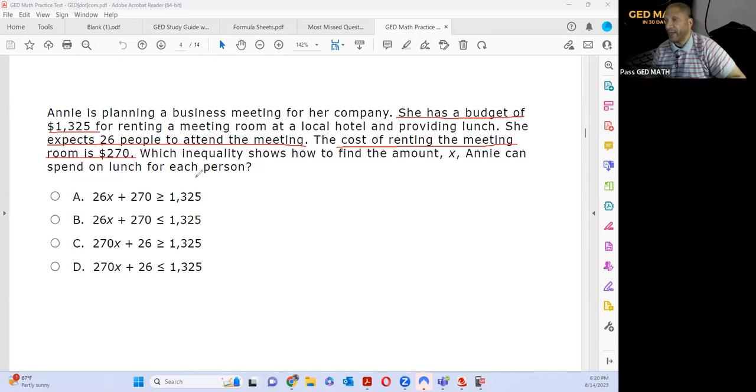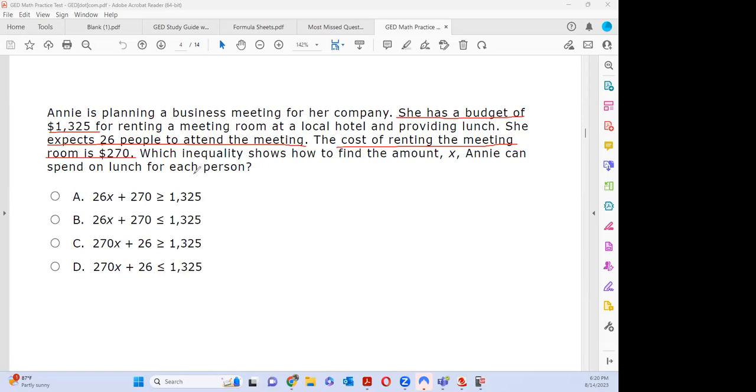Okay. So now what do you want to know? We identified our givens. Now, which inequality shows how to find the amount Annie can spend on lunch for each person? First of all, what multiple choice answers can I get rid of right away? The greater than.